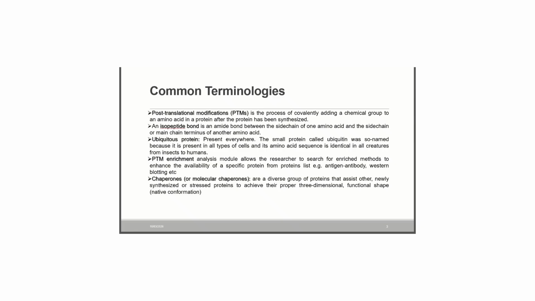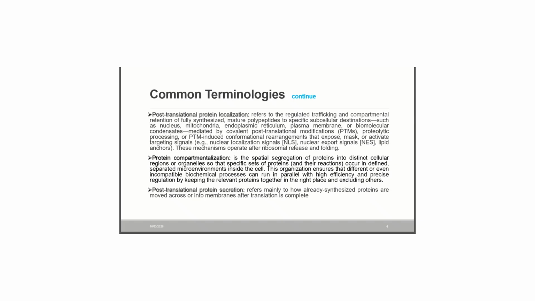We continue on the common terminologies. So we have post-translational protein localization, and this refers to the regulated trafficking and retention of fully synthesized and mature polypeptides to specific subcellular destinations. This destination could be the nucleus, the mitochondria, the endoplasmic reticulum, or the chloroplast, as in the case of plants.